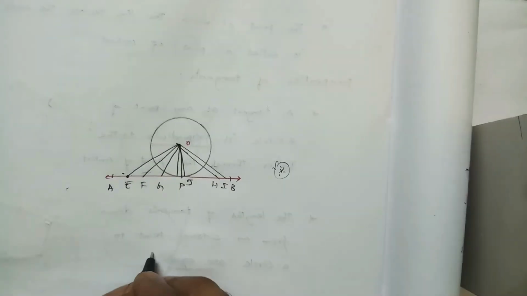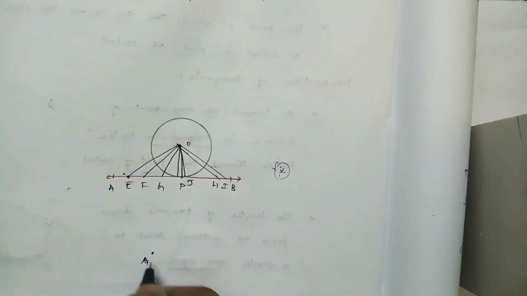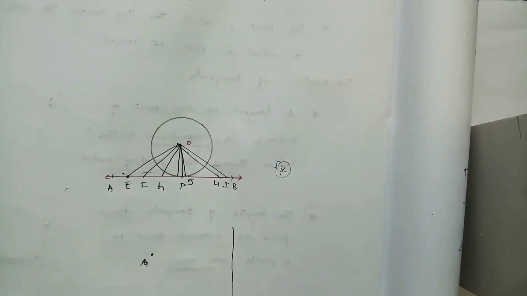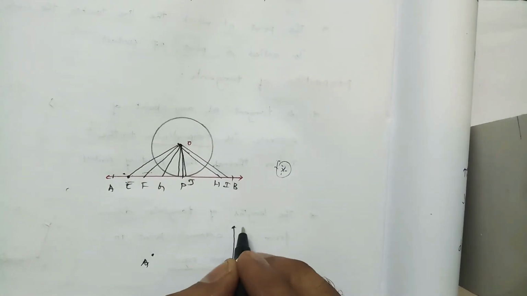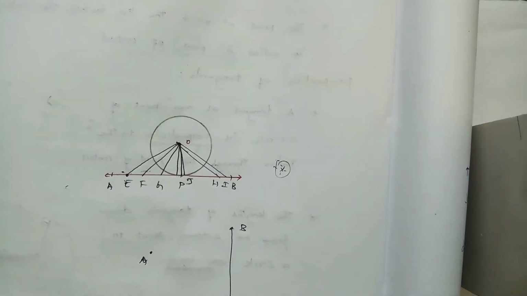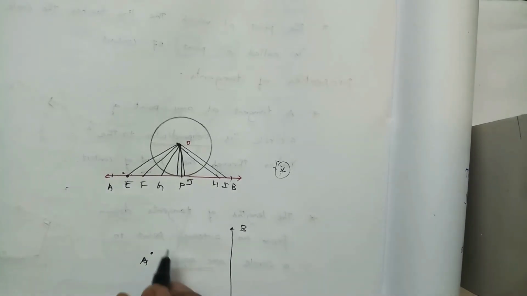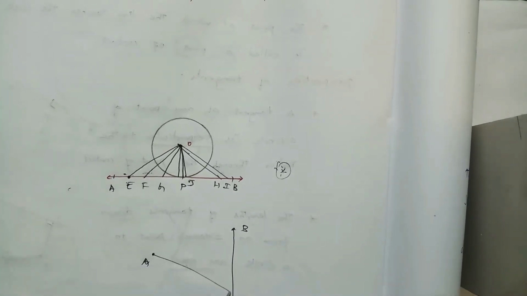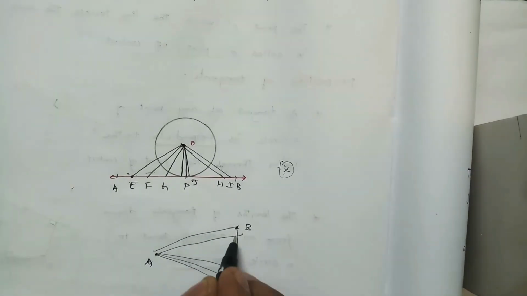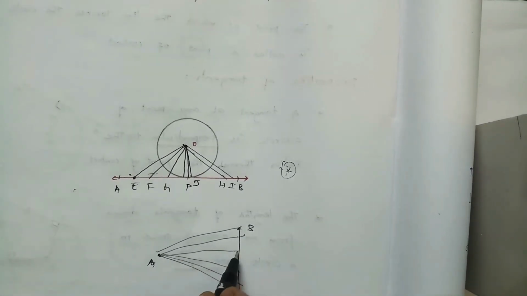A small example: I'm marking a point A, and I have drawn the line BC. From the point A to the line BC, you can draw infinite lines. I'm drawing so many lines.